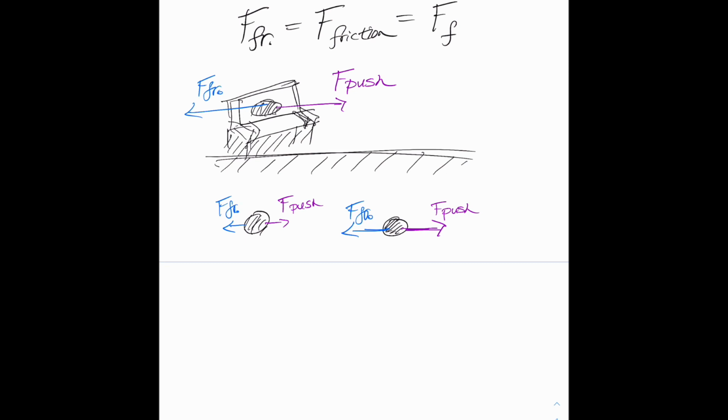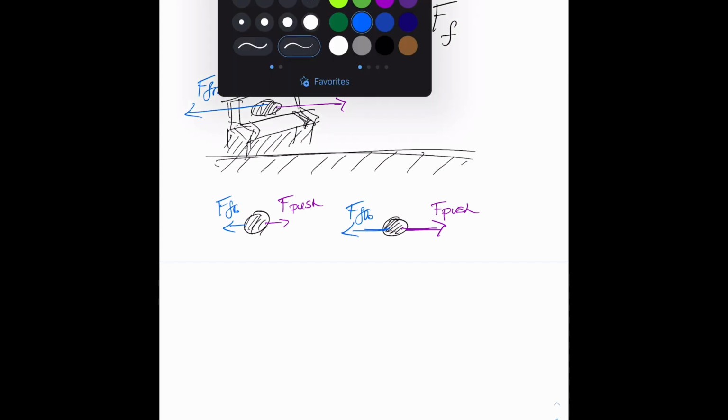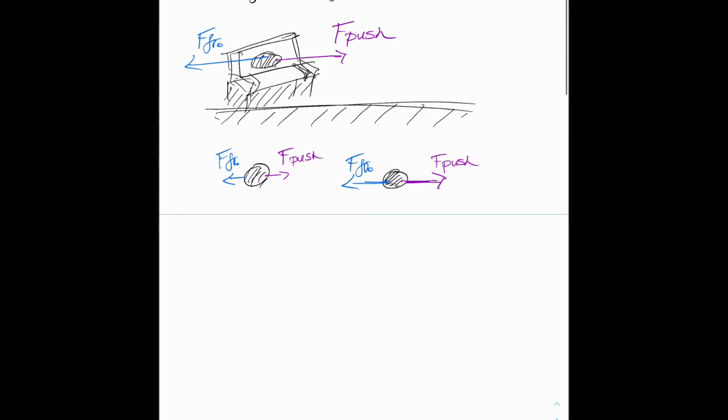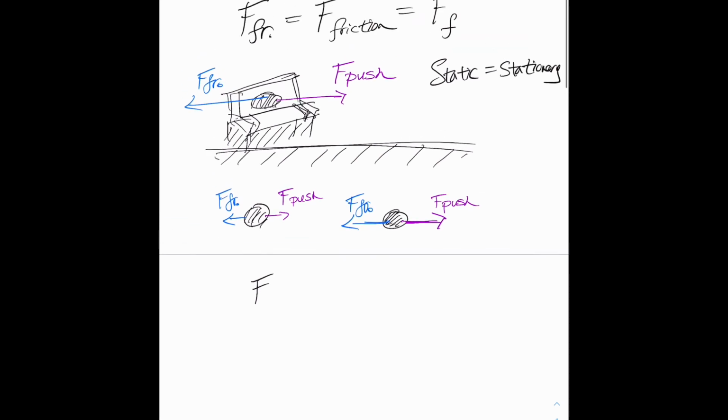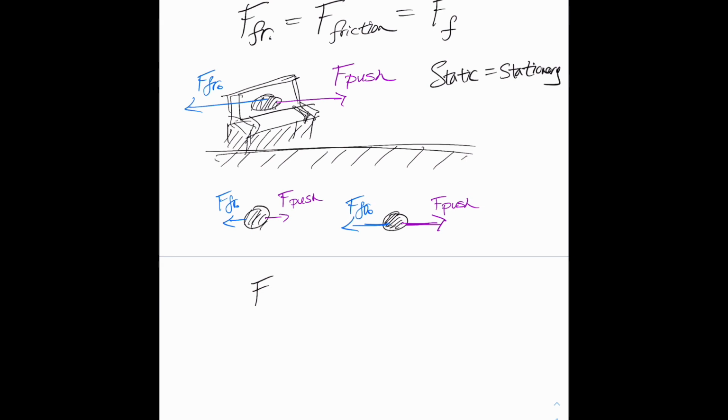We call this kind of force friction static, meaning the object is not moving, it's static. So when you think static, you can think stationary, right? Not moving.